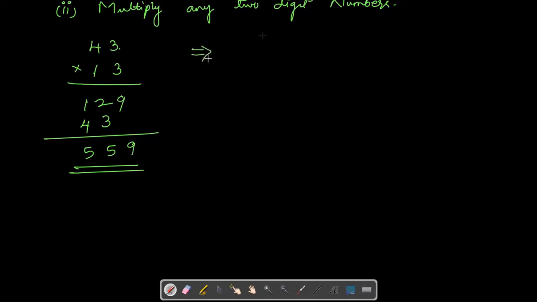So let us see if I have 43 times 13. First we will be multiplying the numbers in the ones place. This is the ones place and this is the tens place. So at first we will be multiplying both the numbers in the ones place. That means I'll be multiplying this and this. 3 times 3 is nothing but 9.